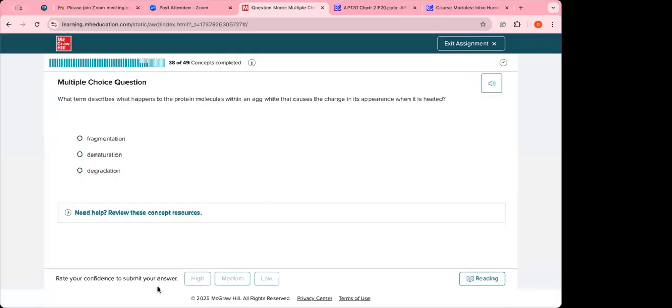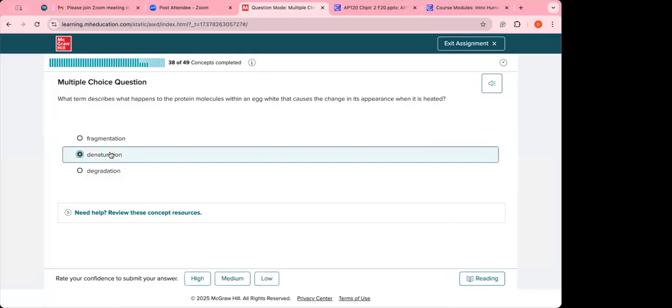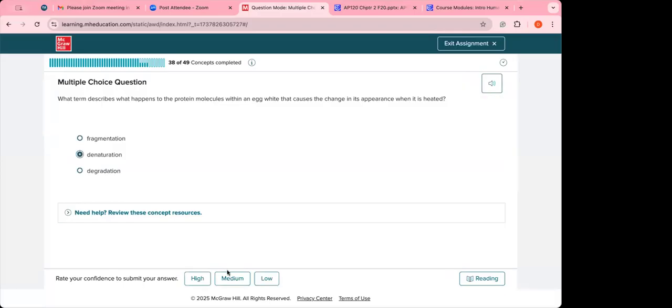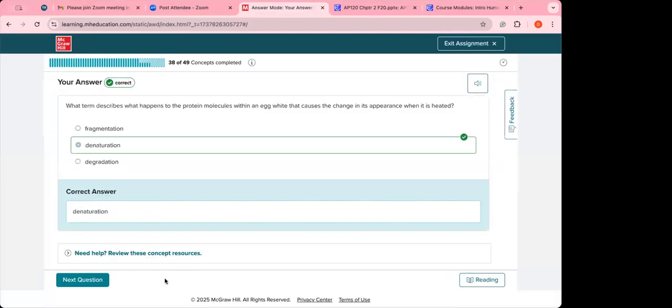That's denaturation. It's the middle term. They become denatured, just like radiation does the same thing to cells. Okay.